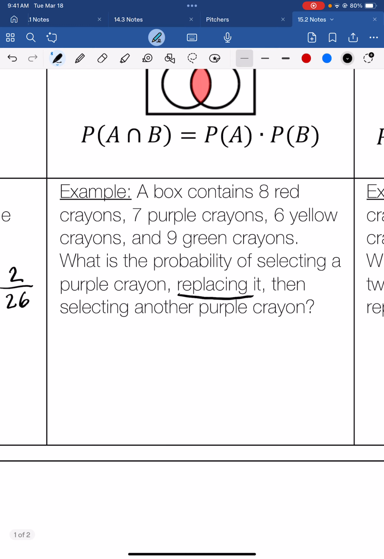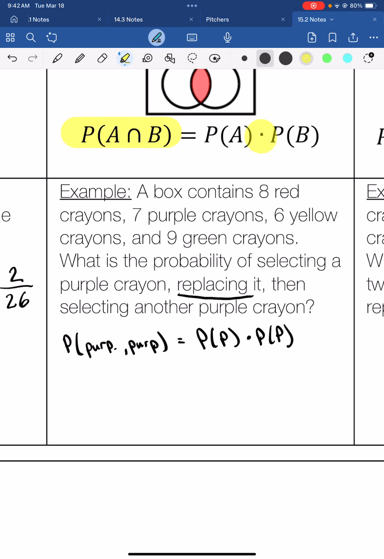So the way we would write this is we would say the probability of selecting a purple, and then after that, selecting another purple. So this is the probability of selecting purple once multiplied by the probability of selecting it again. So when you have this and, you're going to multiply your 2 probabilities.